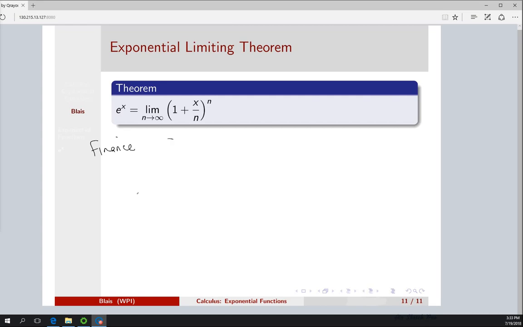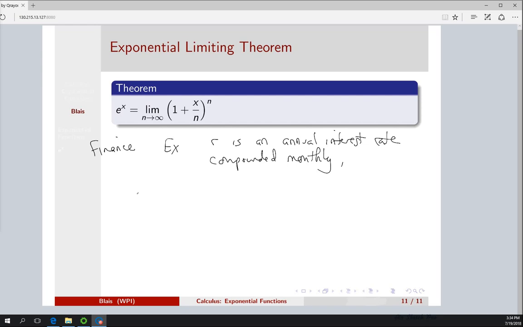So for example, if R is an annual interest rate, compounded monthly, think of that like if you get 5% a year, at the end of the first month in your savings account, the bank will deposit 1/12 of 5% of your balance.